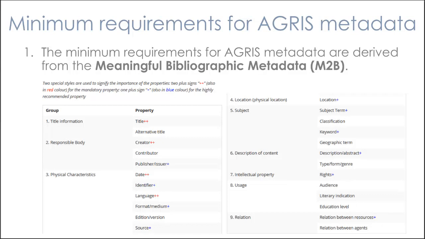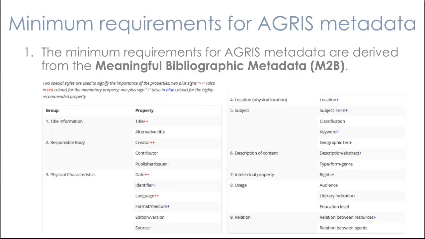But in this table, you can also see which properties are mandatory or highly recommended. Mandatory properties are marked with 2 red pluses. Of course, the title, the creator, the date, and the language are mandatory.